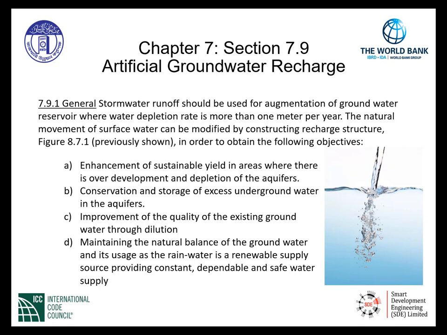And finally, D, maintaining the natural balance of the groundwater and its usage, as the rainwater is a renewable supply source providing constant, dependable, and safe water supply. We need to be understanding of all of the items in this list and provide enhancement and sustainability of our underground aquifers accordingly.